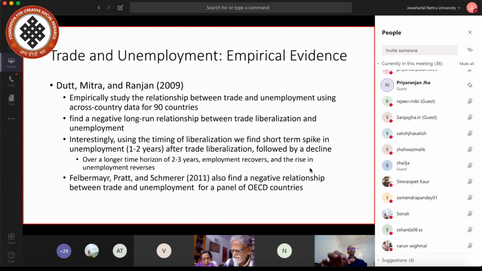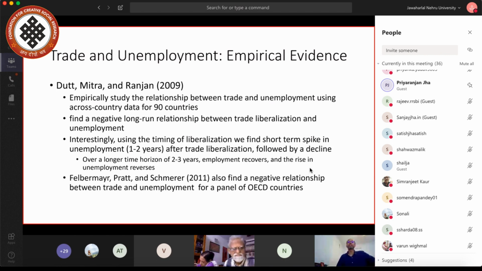However, we find an interesting time pattern. Using the timing of liberalization, we find short-term spikes in unemployment. It's possible that when a country opens up to trade, in the short run there would be a spike in unemployment for up to 1 to 2 years because a lot of jobs are destroyed in the import competing sector, and creating new jobs in the export sector takes time.